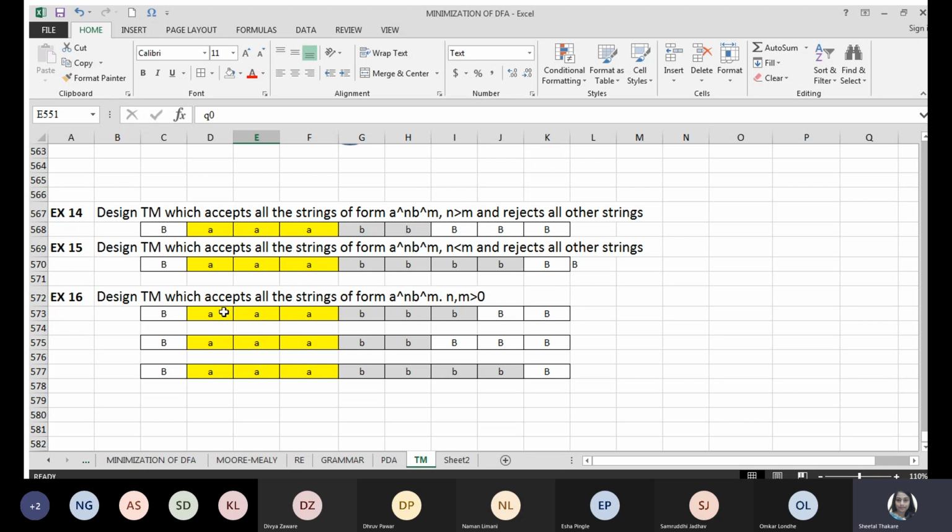I hope those who are connected are trying to draw it on their own. Let me share the attendance link. Try to find the solution for 14, 15, 16. It's very important sum, frequently asked in university exam.